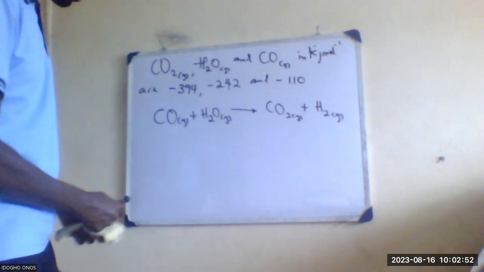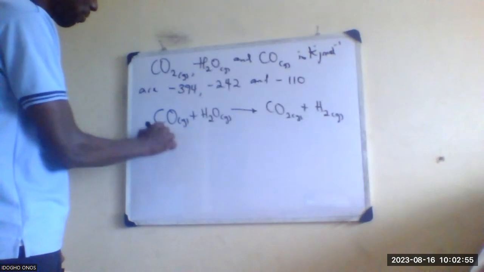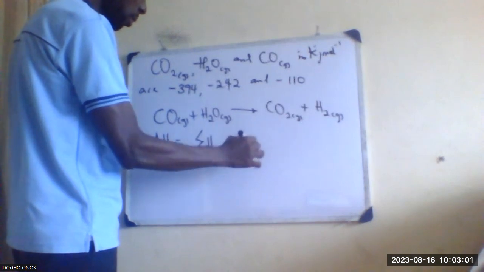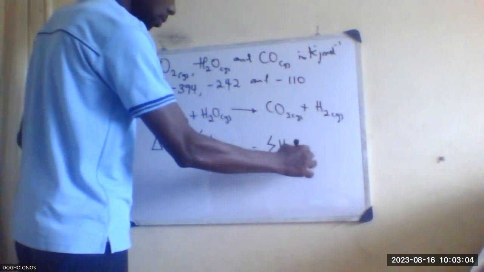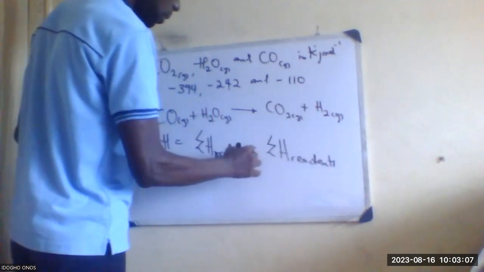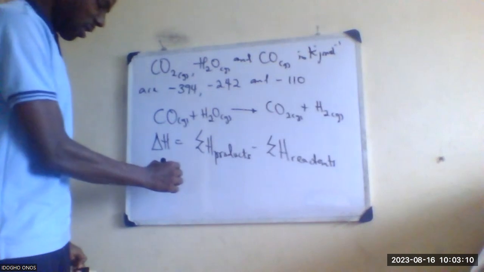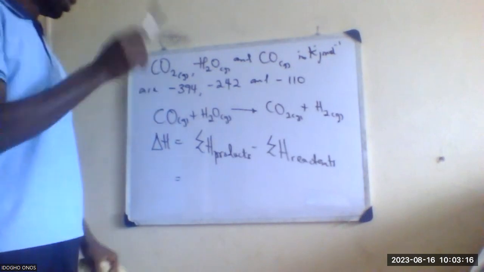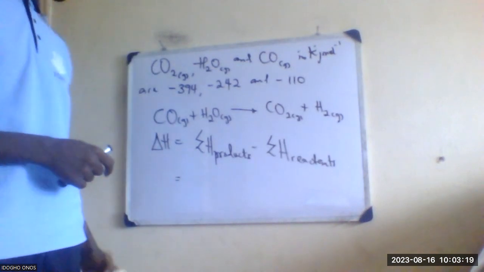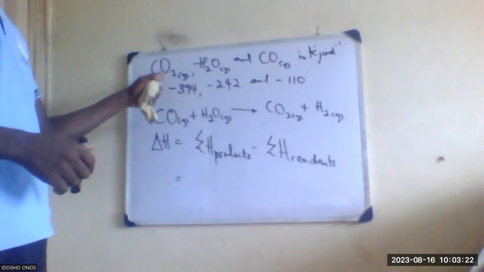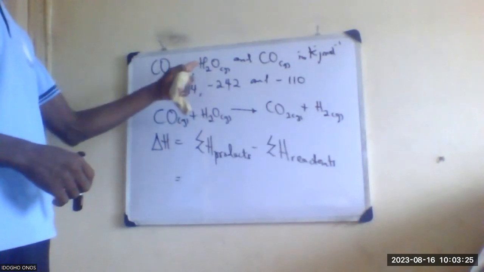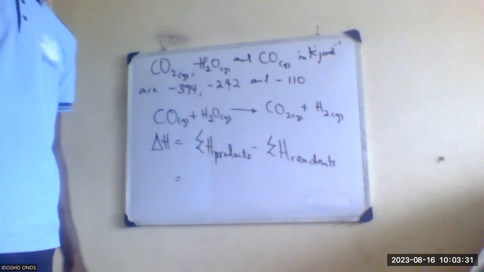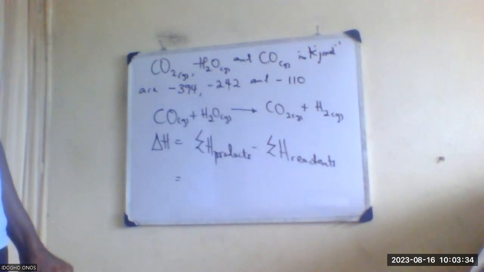All right. The formula is enthalpy change equals the summation of each product minus the summation of each reactant. That's the formula. If you check the question, we are given the values for CO2, H2O, and CO to be minus 394 for CO2, minus 242 for H2O, and minus 110 for CO, respectively.